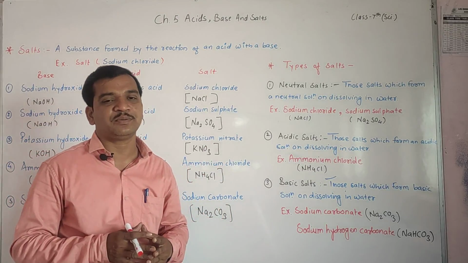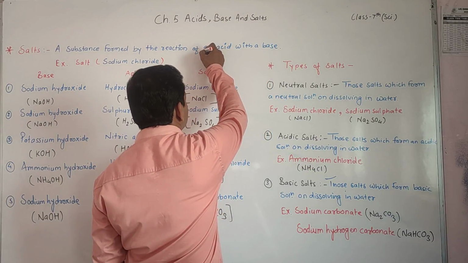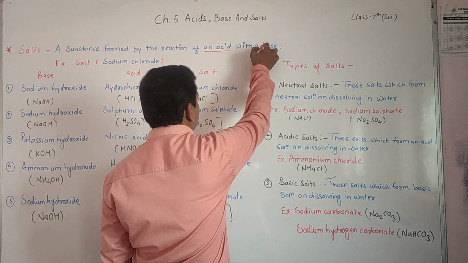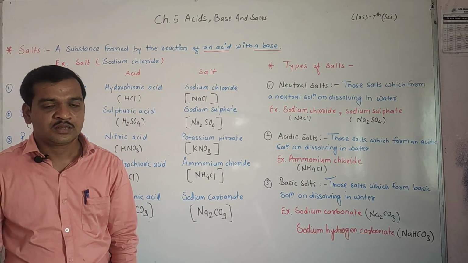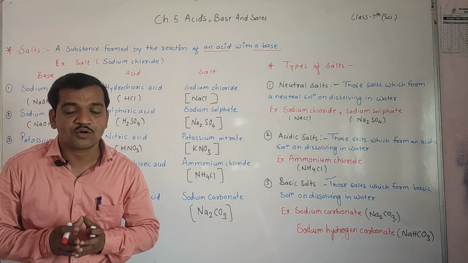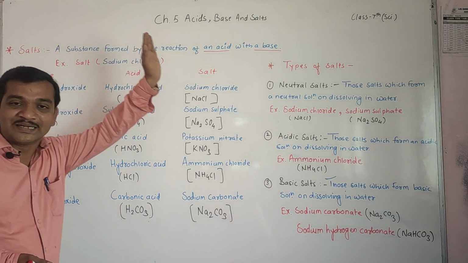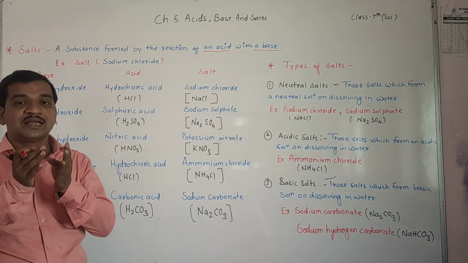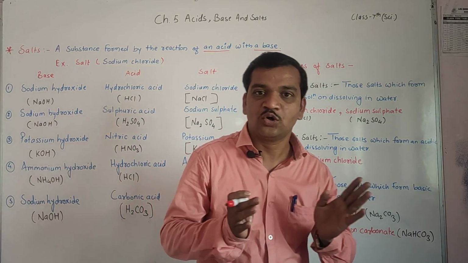The reaction between an acid and a base is called salt. Okay, you can underline, students. A salt is formed by the reaction between an acid and a base, and that product is called salt.